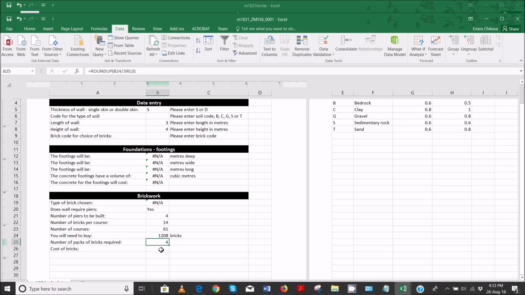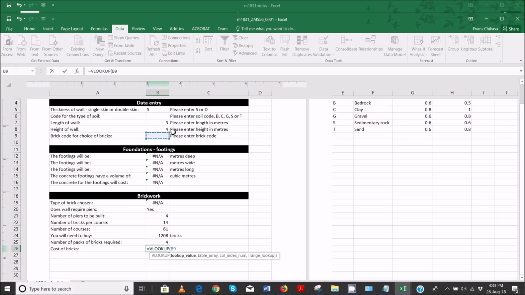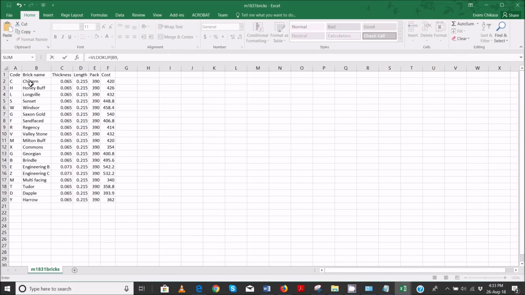So I will use cost of bricks. I will need to have a value to retrieve, so I have VLOOKUP to retrieve the price. I have the code of the brick, which is B9, and then comma, the table array, which is from here to there.